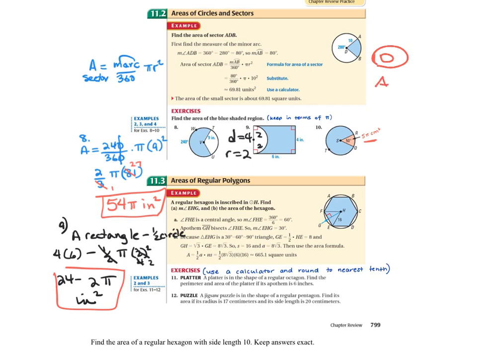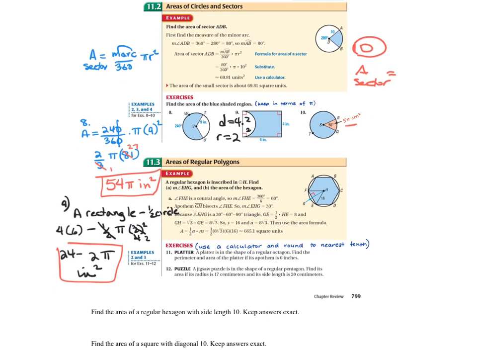Again, remember it's the area of the sector is equal to the measure of the arc over 360 times pi r squared. So the area of the sector is 5 pi. The measure of my arc is 50.